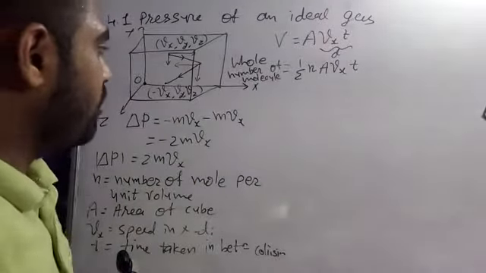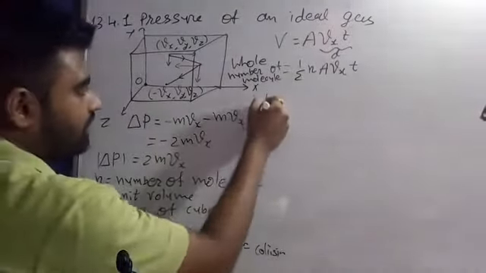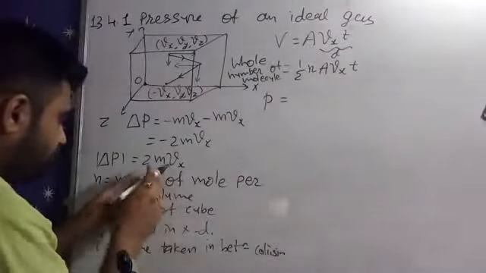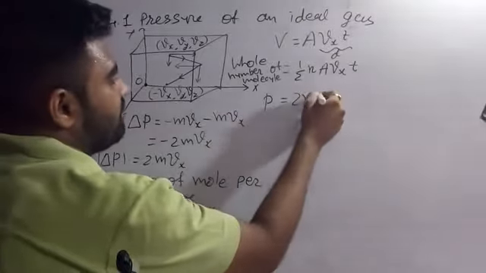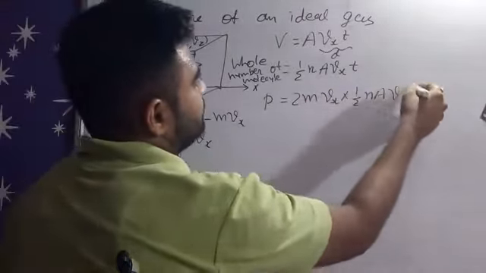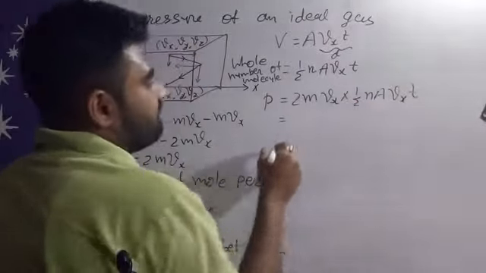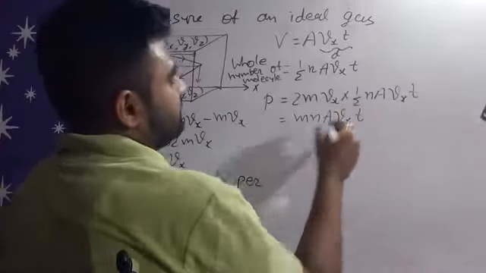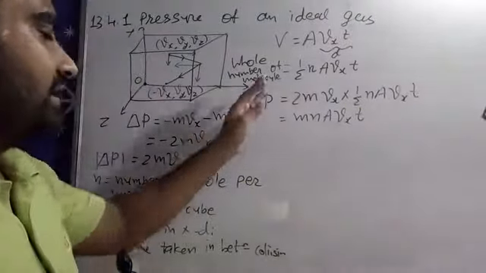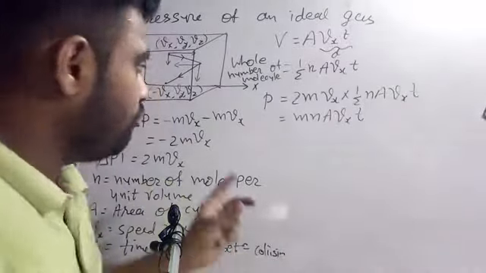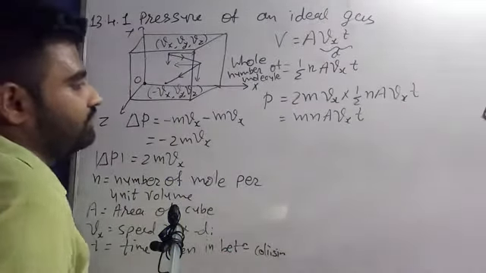Now, for the total momentum of this cube, we need to multiply this term 2m vx into 1 by 2 n A vx into t. So the 2 gets cancelled out, and we are left with m n A vx into t, right? Now that is our total momentum. Now we need to find the force.